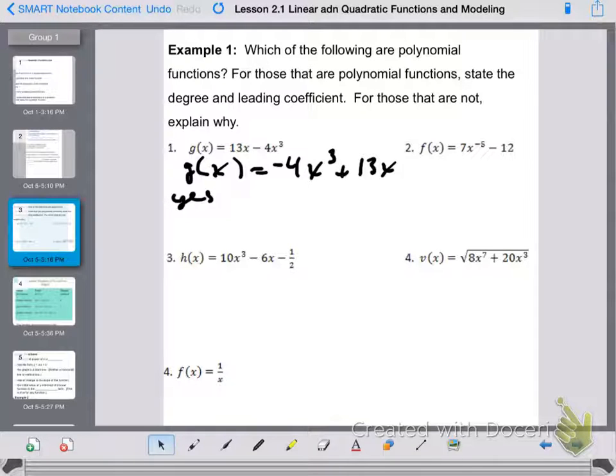The degree is going to be 3, so it's a degree 3 polynomial, and the leading coefficient is going to be negative 4. Alright, let's erase that so we have more room for the next few.